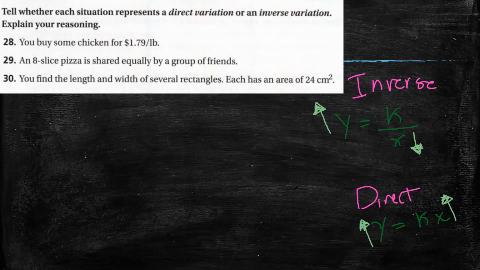Here, you buy some chicken for $1.79 for each pound. That means if the chicken is 1 pound, its cost is $1.79. If it is 2 pounds, what will the cost of the chicken be?